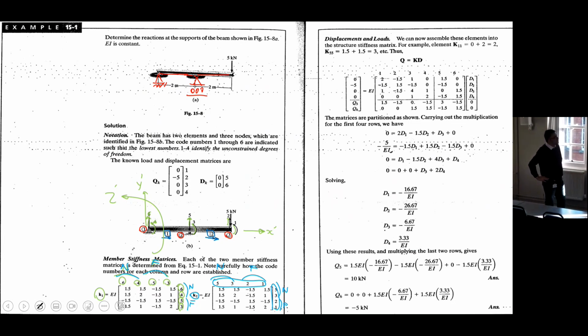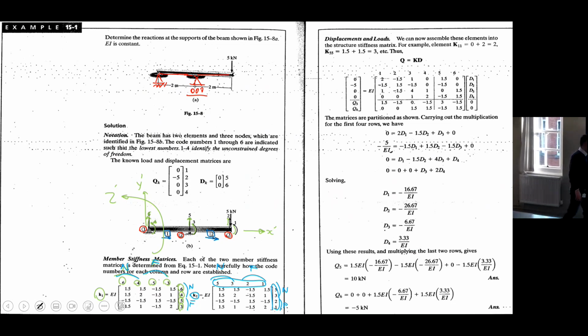So, are you with me until now? Any doubts how we calculated these 4x4 matrices? We just put numbers into the previous slide's 4x4 matrix to come up with the stiffness matrix for element number 1 and element number 2, right?